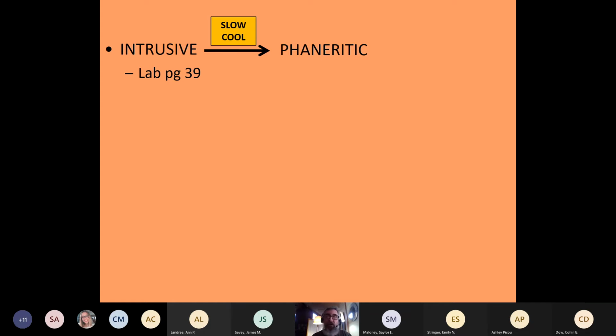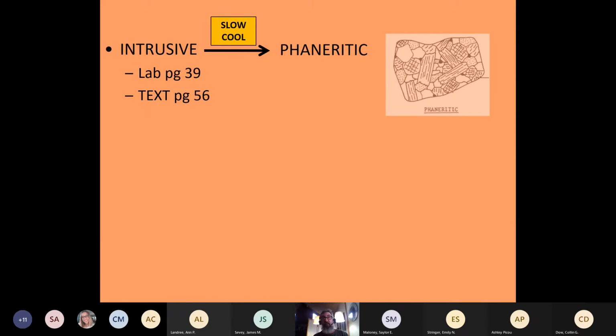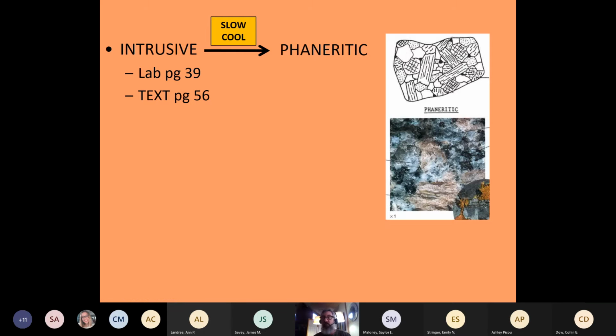Your lab book on page 39 has this, and your textbook on page 56, which we have looked at in the past. And here would be a sketch of phaneritic that's just supposed to show that it's all large, chunky grains. And here's a photo of phaneritic texture. So we see some large black pieces, some large gray pieces, and some large pink pieces in there.